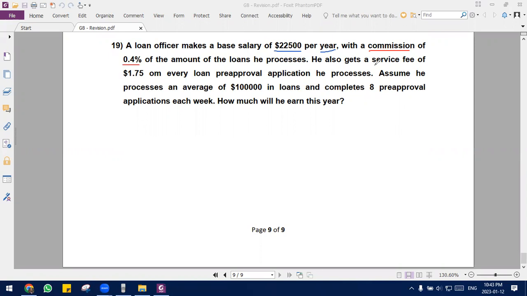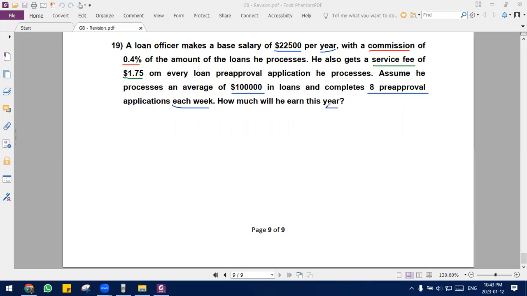So he's getting base, commission, and service fee: $1.75 for every loan approval. Now, we need to get the information. Assume that he processes an average of $100,000 in loans and completes 8 approval applications each week. How much will he earn this year?